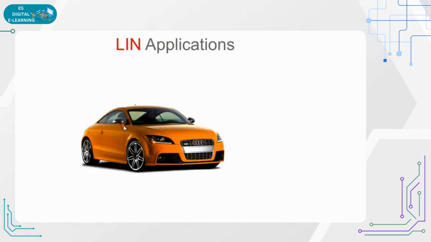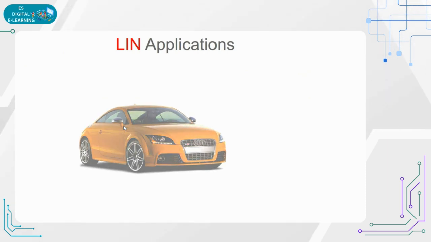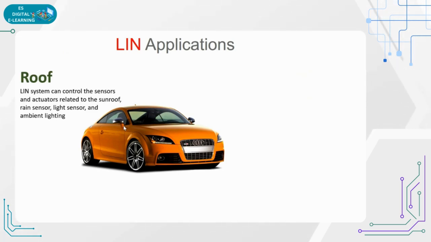In real-time applications, we use this LIN protocol in cars. An example is the sunroof. Apart from the sunroof we have the glass, where a rain sensor should detect, or light sensors or ambient lighting. These are additional features towards the roof.